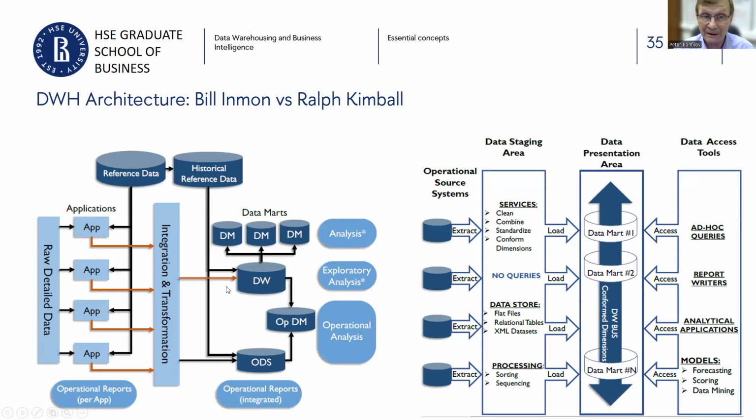It means that we can start with a relational normalized data warehouse where we combine all data from different applications in your organization. And then from this normalized data warehouse, we can generate any number of data marts depending on your particular needs.